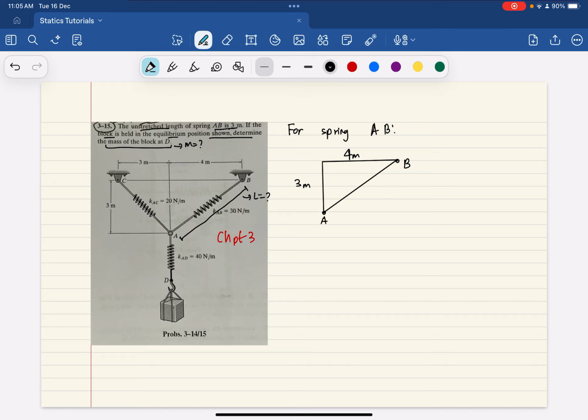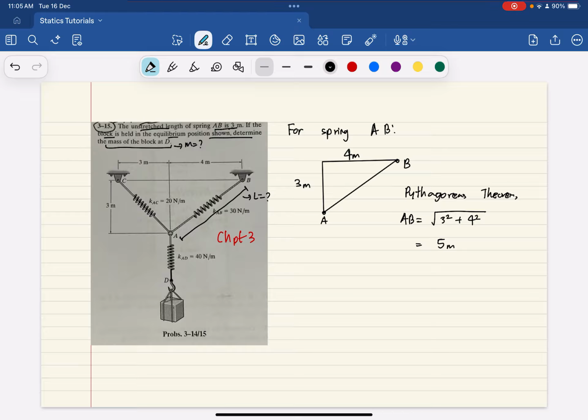So what comes to your mind is obviously using the Pythagoras theorem. In this case, AB would be equal to square root of 3 squared plus 4 squared, equals 5 meters. So simple Pythagoras theorem.